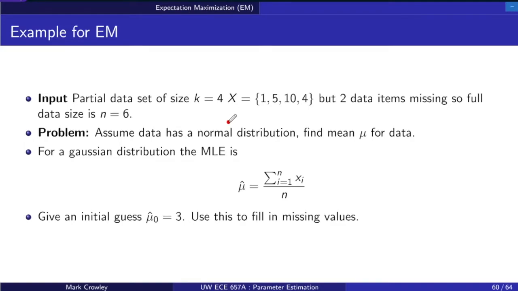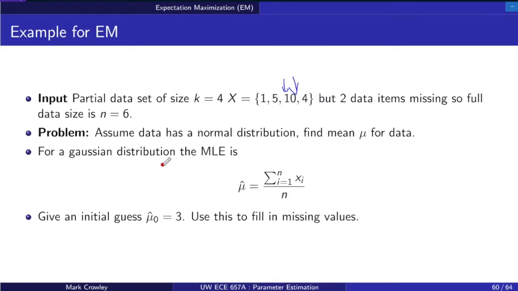So we have a very simple partial data set with missing data. We have these values, and we know there's a couple of data items missing. We don't know their values, so we're trying to estimate what the missing values are that should fit in somewhere here.